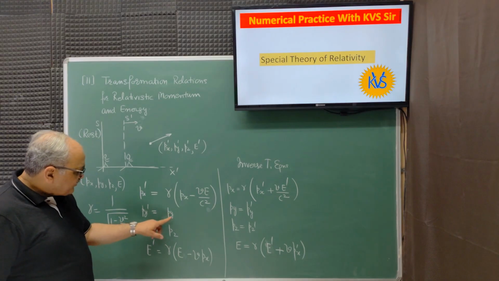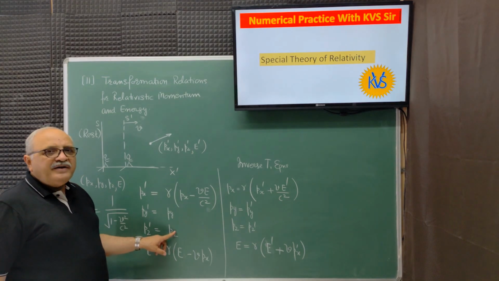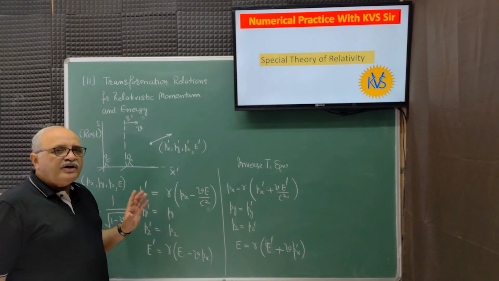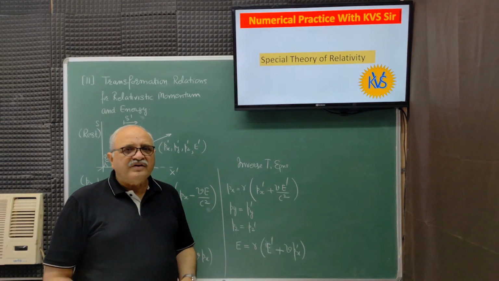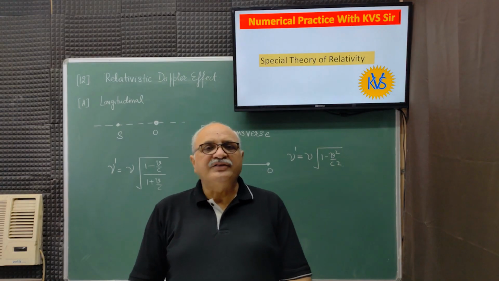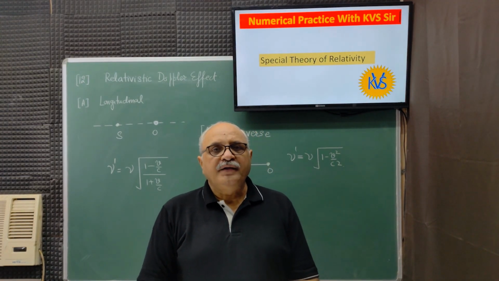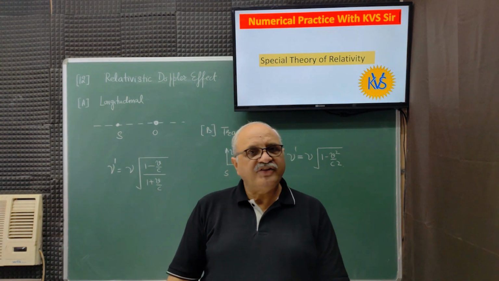There is no transformation required for the y component and z component of momentum, as the frame is moving purely along the x-axis. And these are the inverse transformation equations. So students, let's take now the Doppler effect. The Doppler effect in light is different from the Doppler effect in sound.